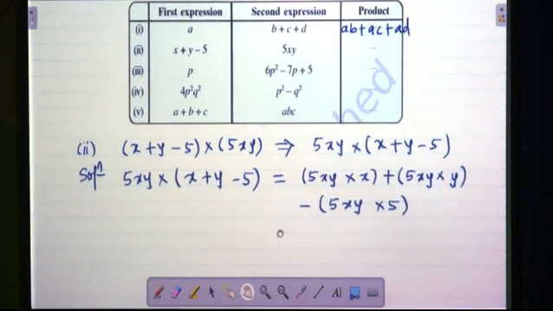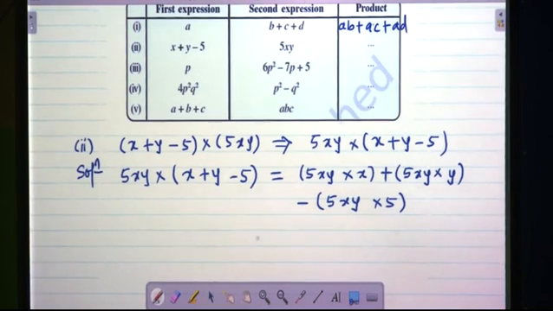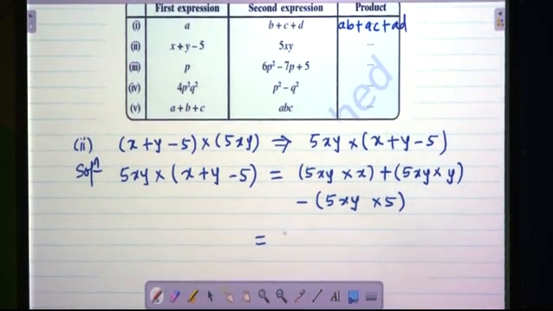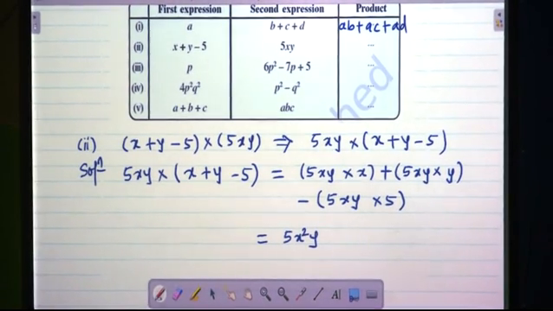What is it? It becomes 5xy into x, it becomes 5x square y, okay, plus sign as it is after the bracket. 5xy into y, it becomes 5xy square.